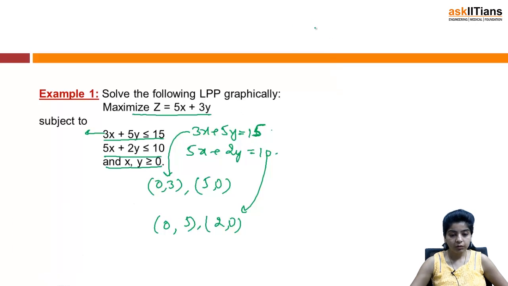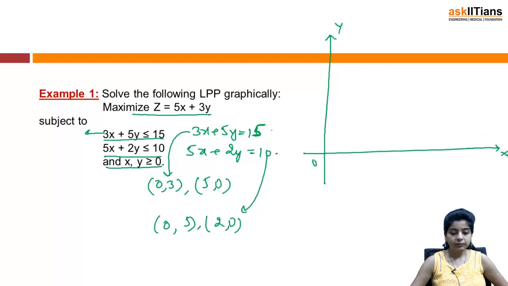For plotting it on a graph, these are my x-axis and y-axis. These graphs have to be accurate, because you are supposed to get the point at which they intersect and various other points, and until and unless you draw the graph accurately, you won't get the correct points.